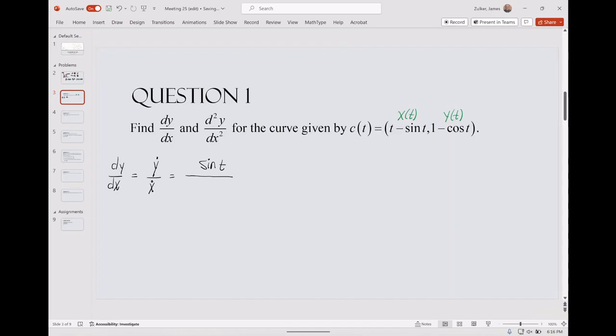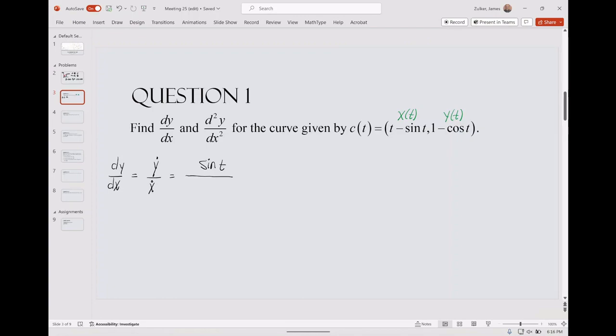What is dx dt? Is it 1 minus cosine t? 1 plus cosine? It's not fair to ask me.